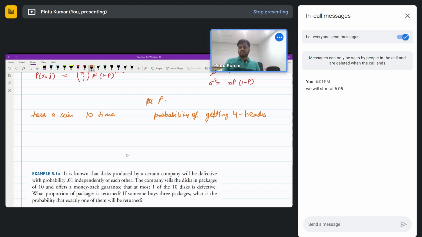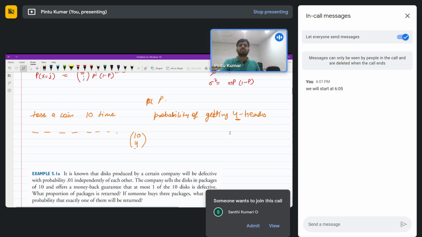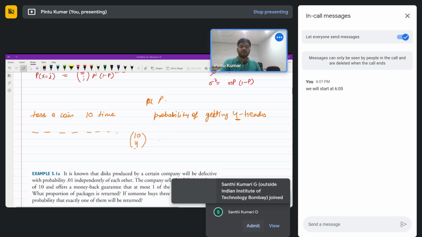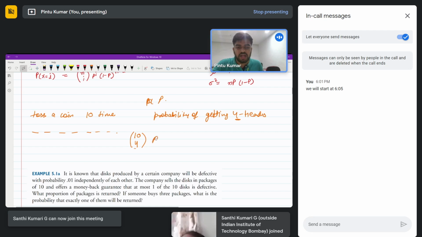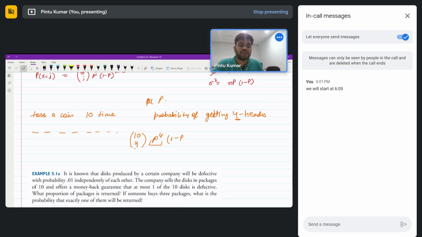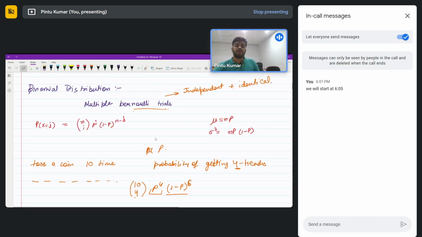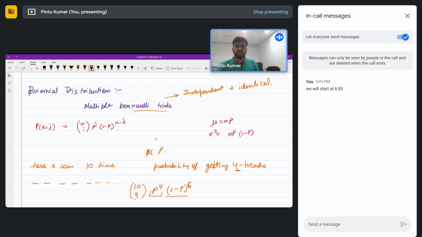You toss 10 times and you want head to occur at 4 positions. So you have 10 places to fill, and you choose 4 of these 10 places, and the rest of them will be tails. You are getting head 4 times, that's why we raise p to the power 4, and you are getting tail for the rest of the 6 times, that's why we raise 1 minus p to the power 6. This is how the formula for the binomial distribution is motivated.